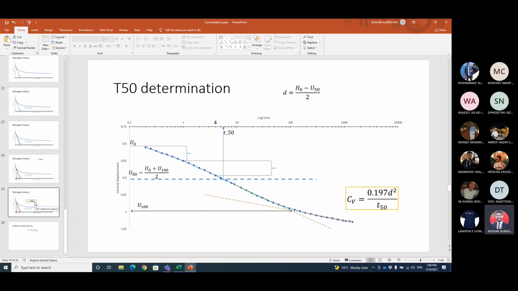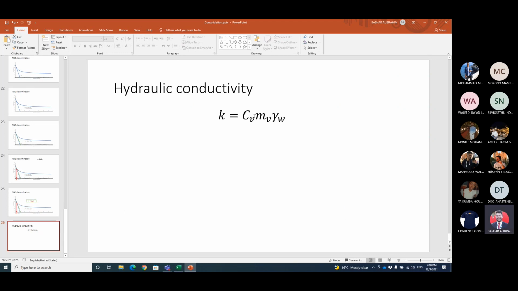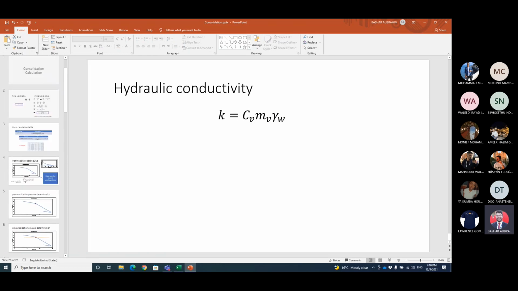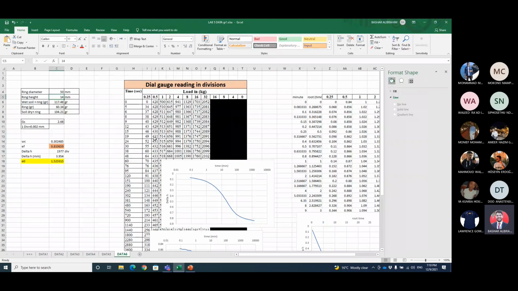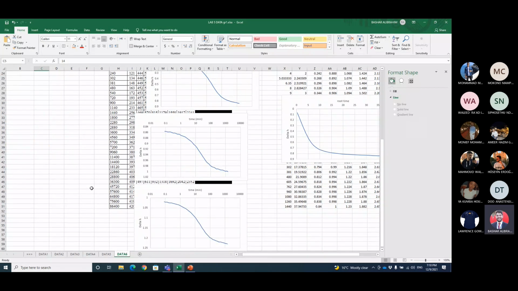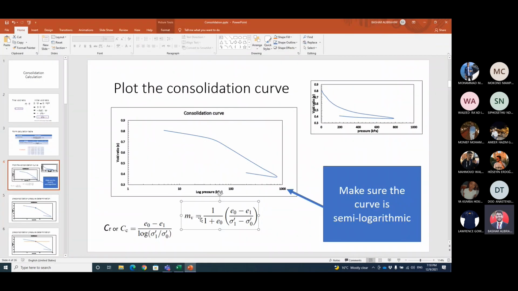And finally, if you have CV, you can find hydraulic conductivity by multiplying CV with MV and the unit weight of water. What is MV? MV is this formula. So for every load, you need to find MV, okay? Where is our pressure? Oh, we deleted. For every load, you need to find MV. Okay, so for load 0.25, our stress 0 is 0.